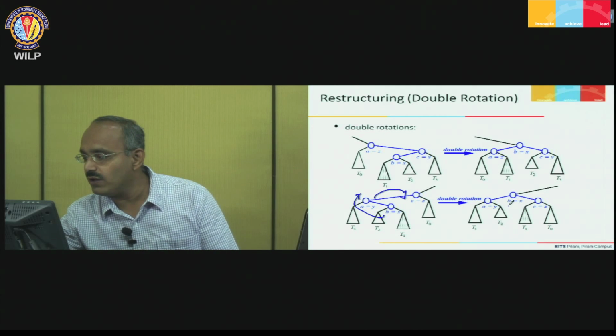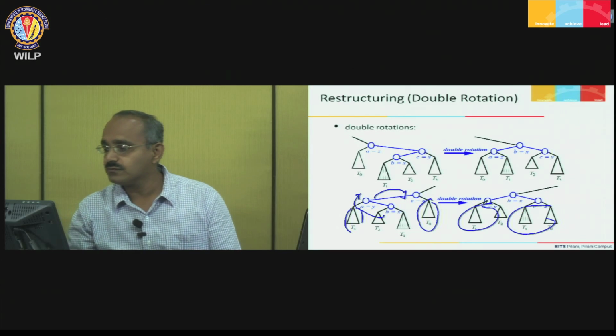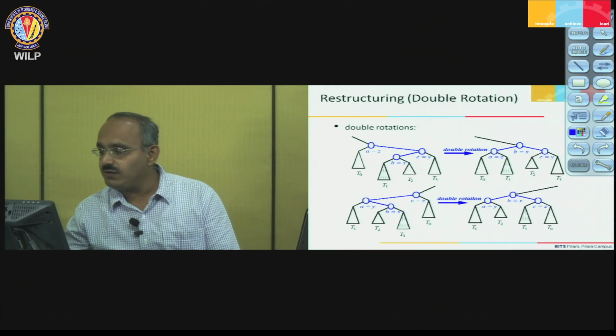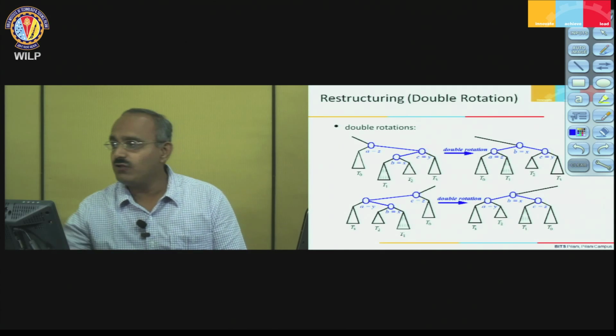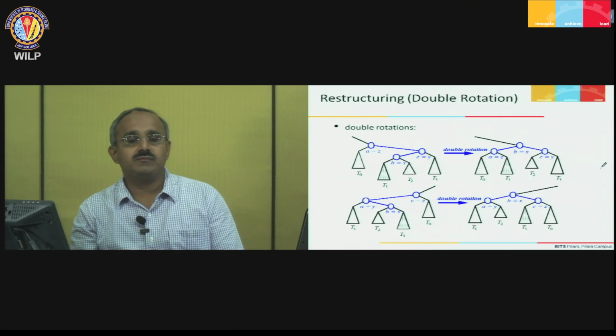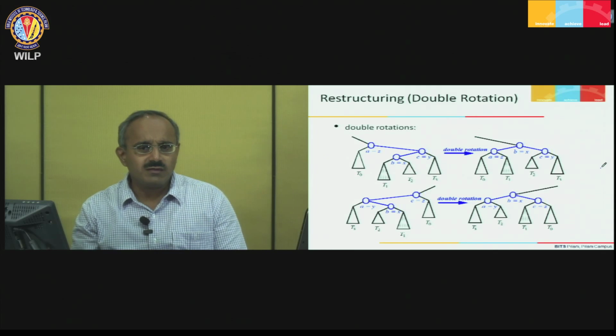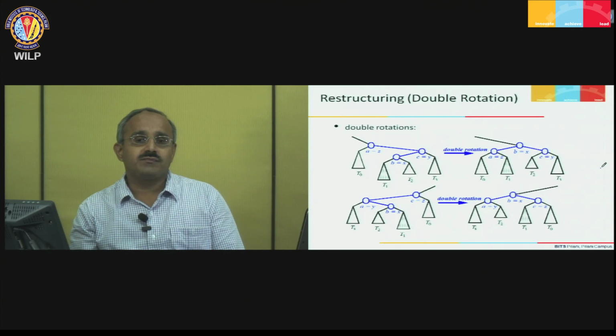So B will go here, this will become the right child here and this will become the left child. It can be easily seen that your in-order traversals are maintained in the restructuring. What can be shown is that the restructured tree satisfies the height balancing property.